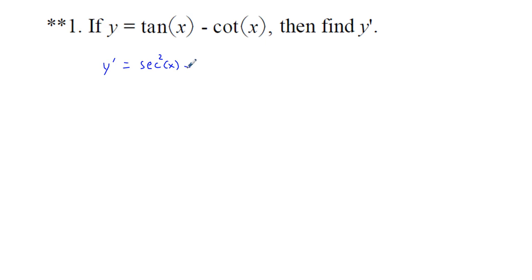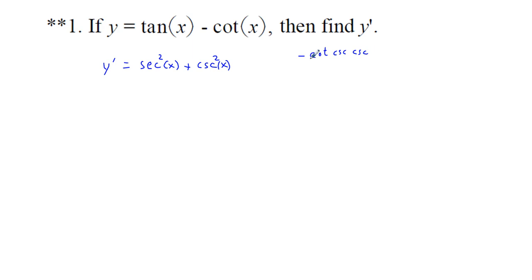negative cosecant squared, and we'll parenthesize this x here like they had in the original. And we got plus because if you recall, we wrote the negative cotangent cosecant.